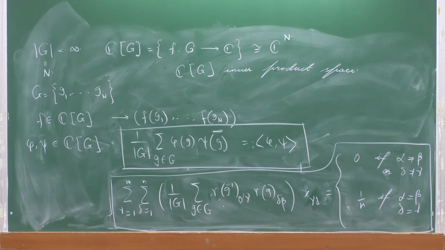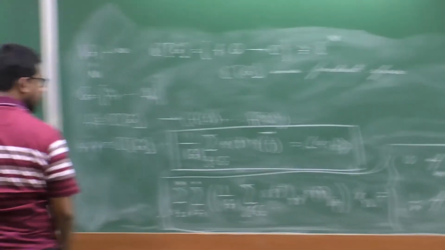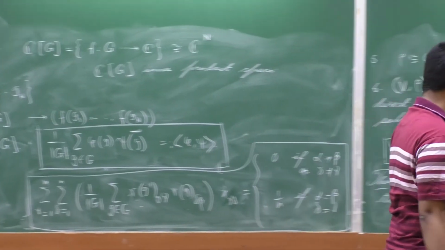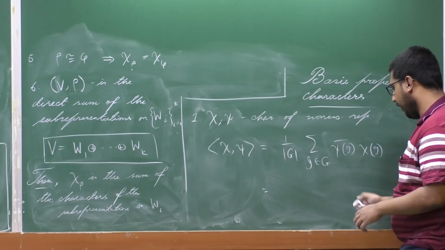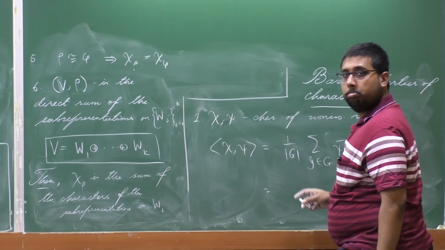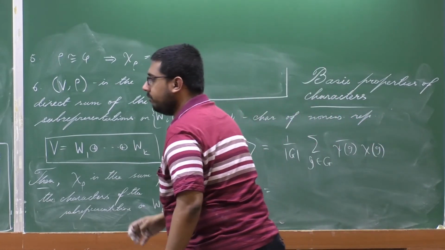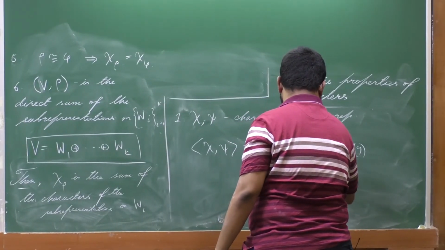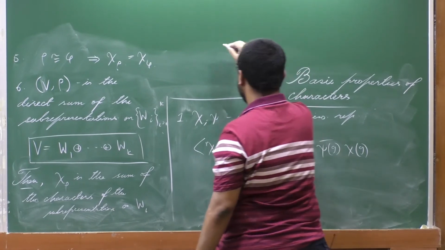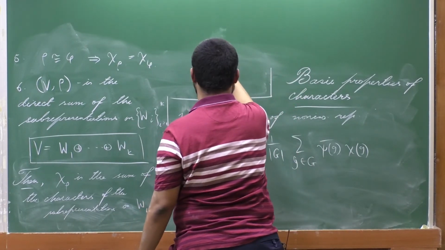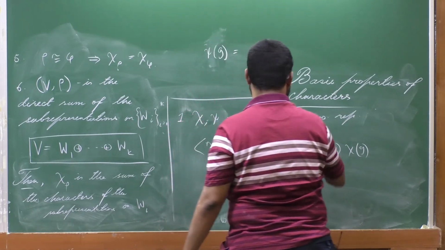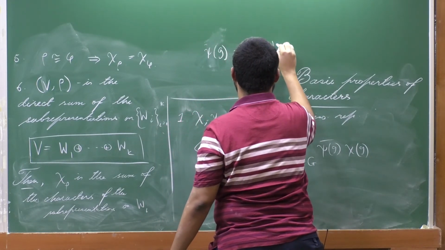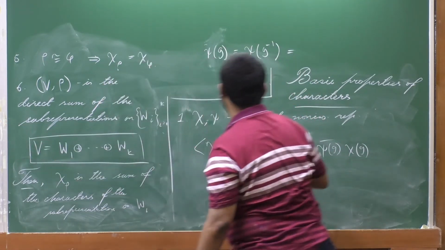Chi g, and what is chi g? If you remember, chi g will be simply, okay. So what is chi g? Chi g is simply, if we take the usual notation. So therefore in the usual notation, psi g bar has to be at g inverse, and that has to be the sum of the diagonal elements.